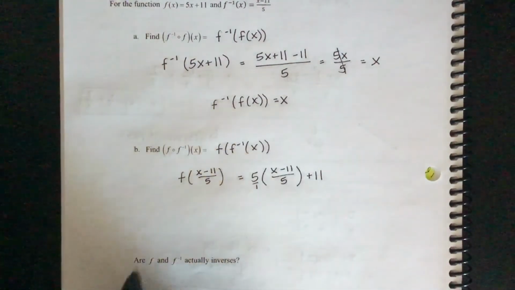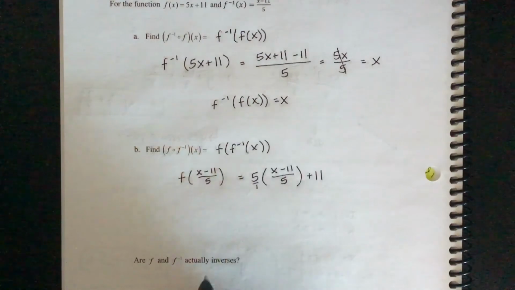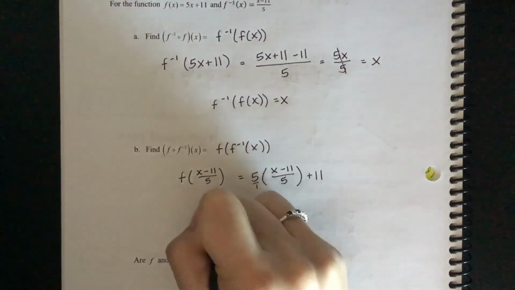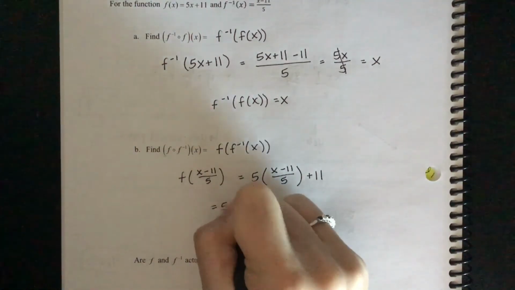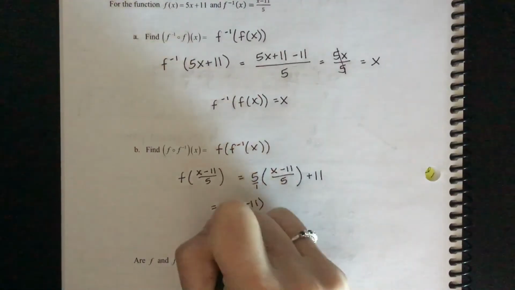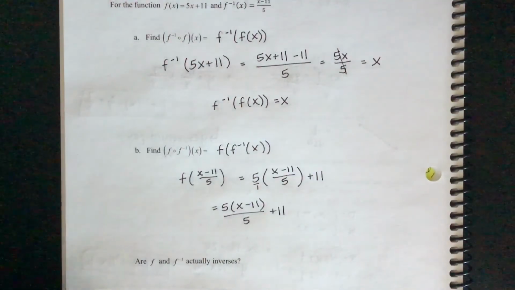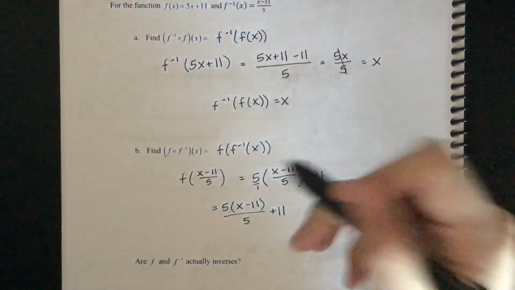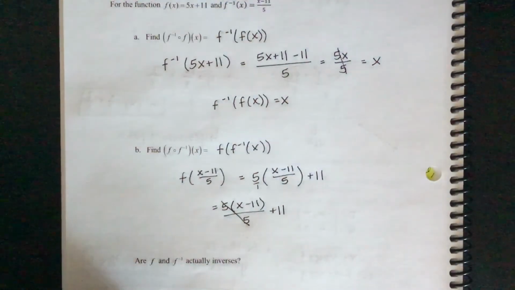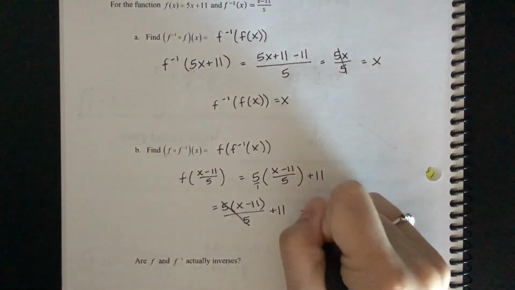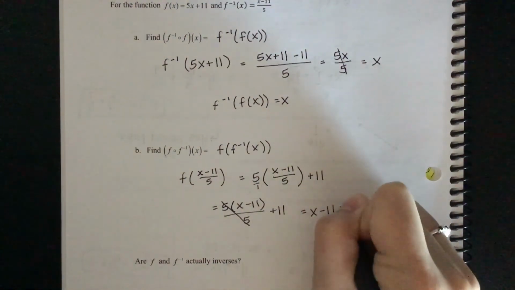Here, because we're multiplying, if I multiply without actually simplifying, I get this. Same thing as up here, your 5 over 5 cancels, and you're left with x minus 11 plus 11.